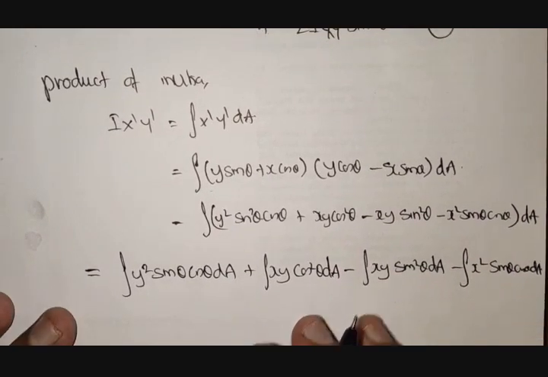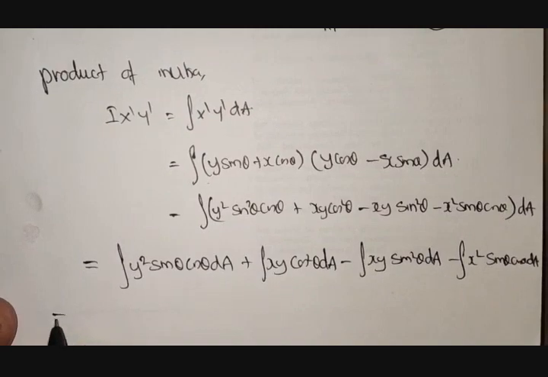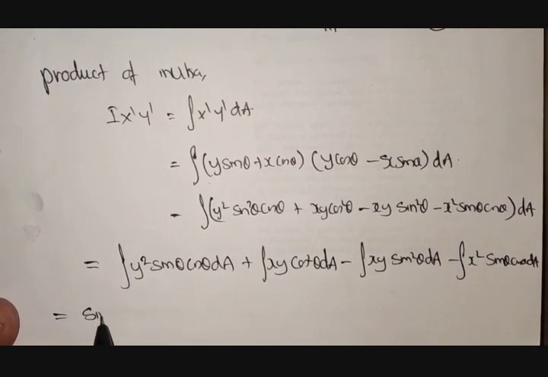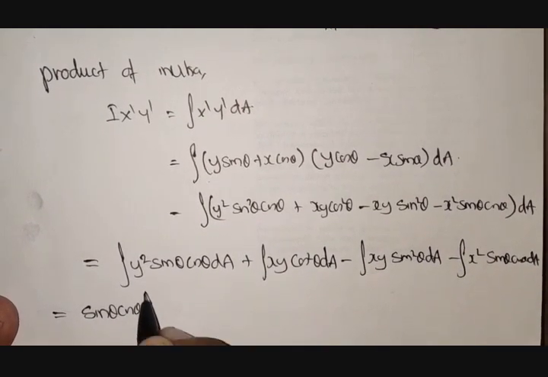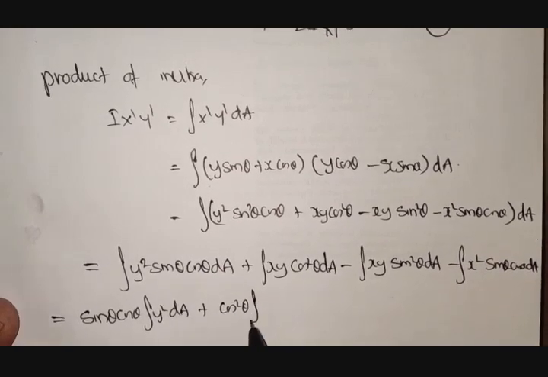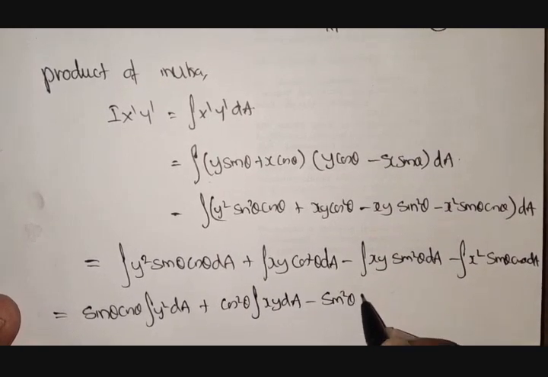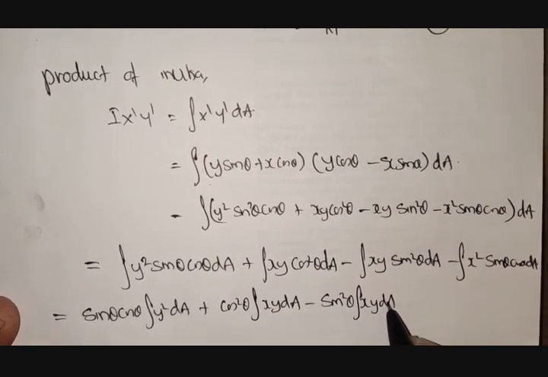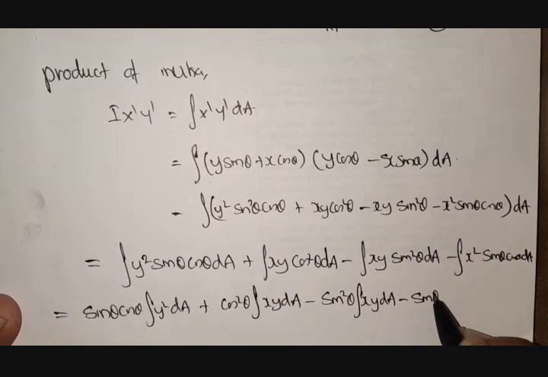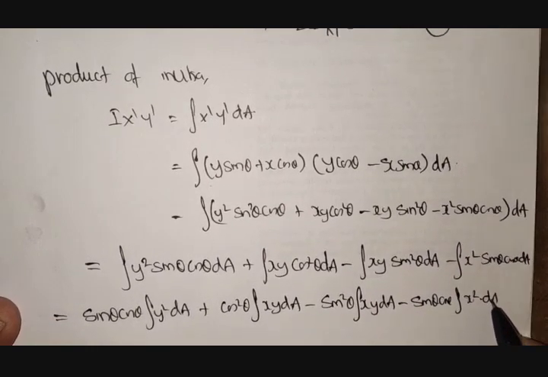Here if I separate these terms, it will come as sin theta cos theta integral y square dA plus cos square theta integral xy dA minus sin square theta integral xy dA minus sin theta cos theta integral x square dA.